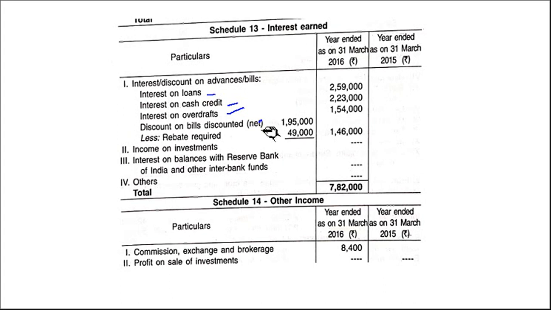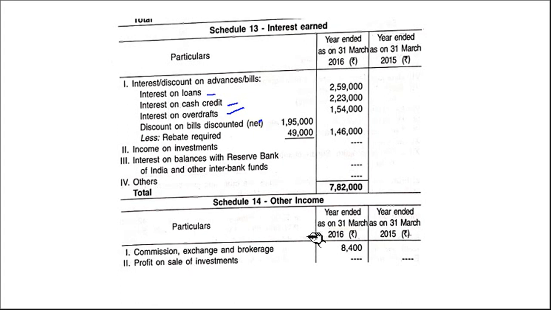Less rebate. Rebate is the amount that is given back to the customer, right? So the total discount on bills, the bank's income, is 1,95,000. From that, the bank has to pay back the rebate of 49,000. So 1,46,000. So this is the total of Schedule 13.